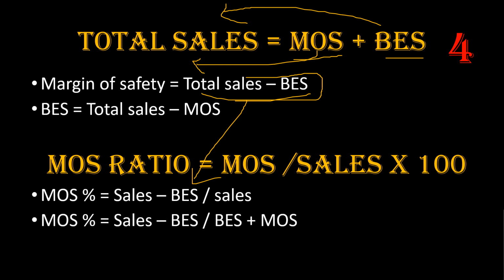Next, margin of safety percentage is equal to sales minus break-even sales divided by, in the place of total sales, I took this margin of safety plus break-even sales. So margin of safety ratio is equal to sales minus break-even sales divided by break-even sales plus margin of safety.